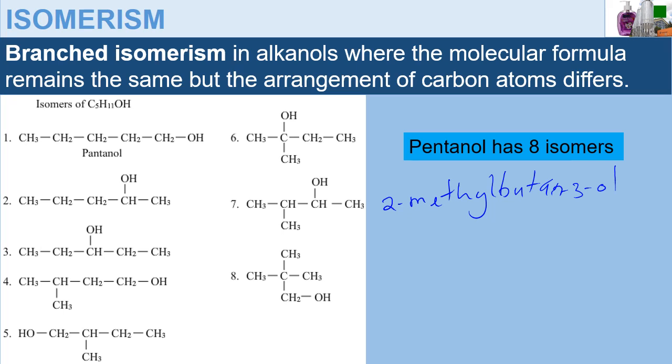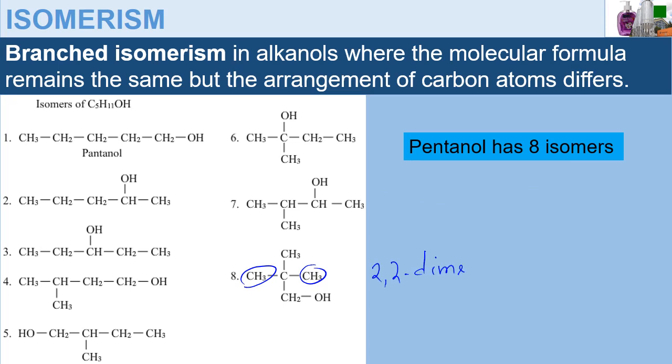I beg your pardon. We could also have this one, which is 3-methylbutan-2-ol. And finally, since we have 2 methyl groups attached to the second carbon atom, therefore it will be 2,2-dimethyl.